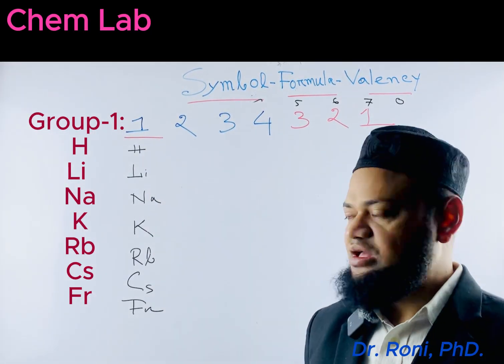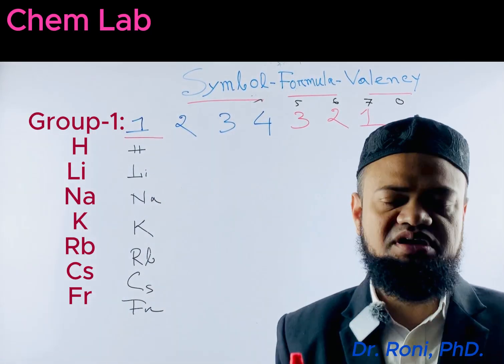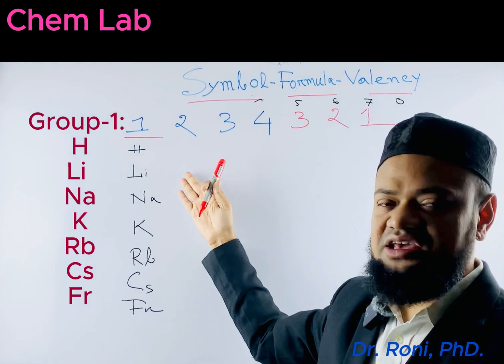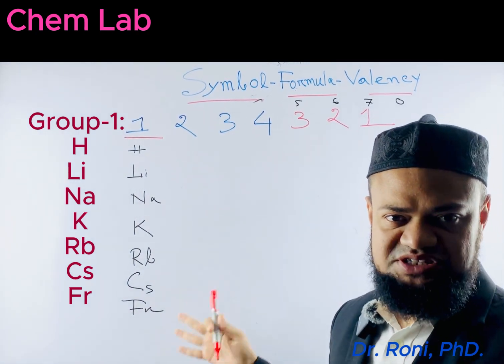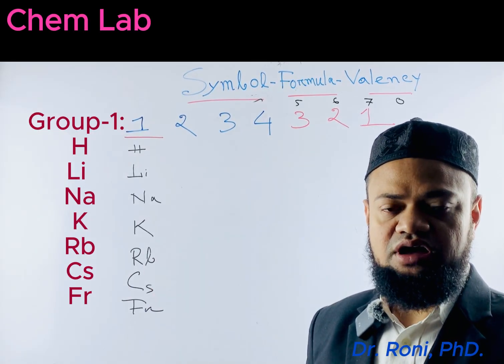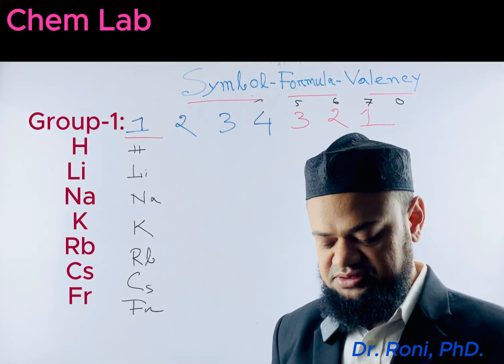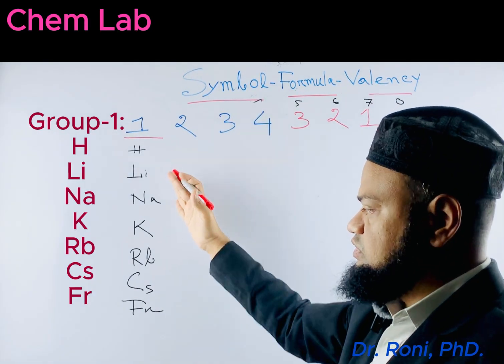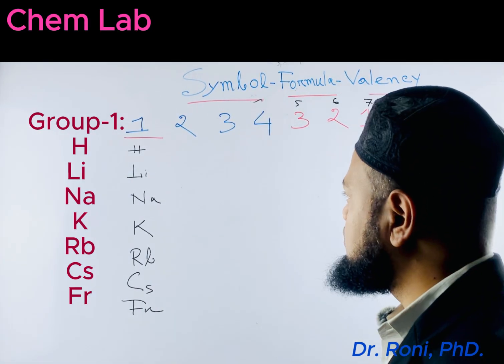Simple. In Bengali, I have a trick like ha, li, na, ke, ruby, sajabe, France. Halina ke ruby, sajabe, France. In Bengali, I follow a trick like this: hydrogen, lithium, sodium, potassium, rubidium, cesium, and francium. All of these elements have valency 1.